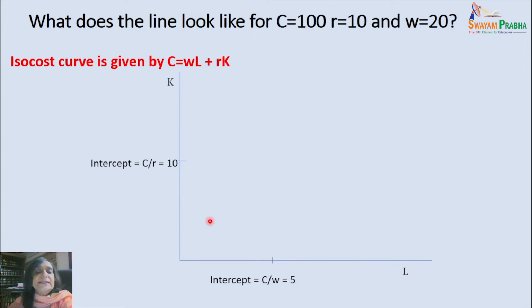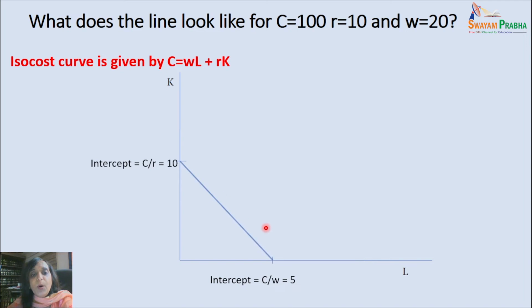So once you get these intercepts, we get 10 for the K. Why? Because 100 divided by R will give us 10. So you mark it on the y-axis where we are measuring capital. Similarly, when you go to the labor axis, that is the x-axis, you divide your cost by wages. So 100 divided by 20 will give you 5.